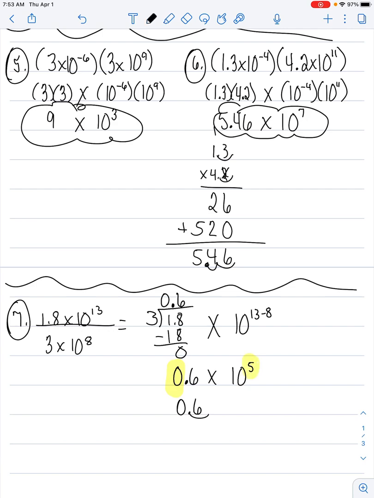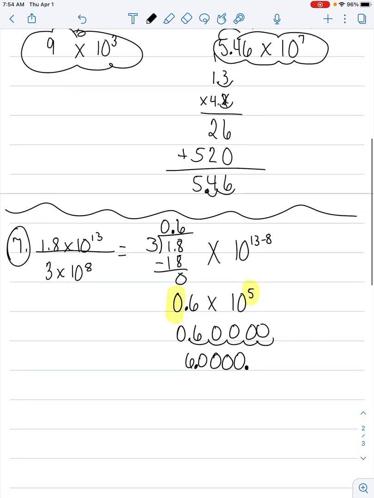So I'm going to expand this. 1, 2, 3, 4, 5. So I end up with 60,000. Now I can write it in the proper scientific notation. My decimal is here. I want to move it here. So this becomes 6 times 10 to the positive 4th power.